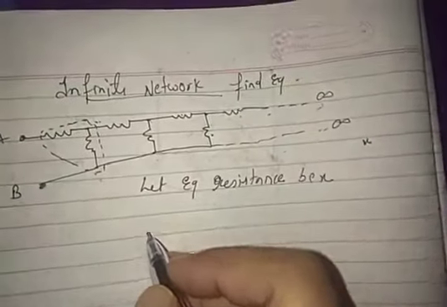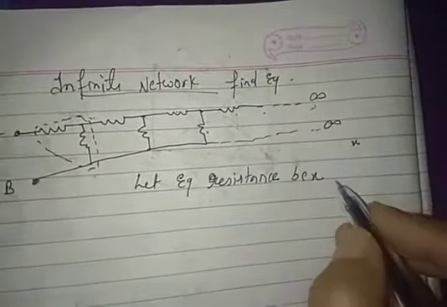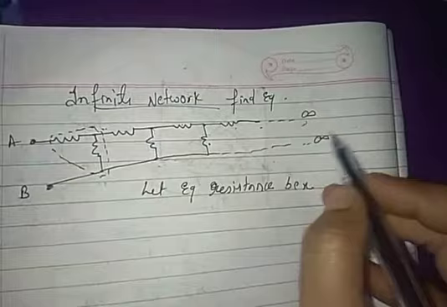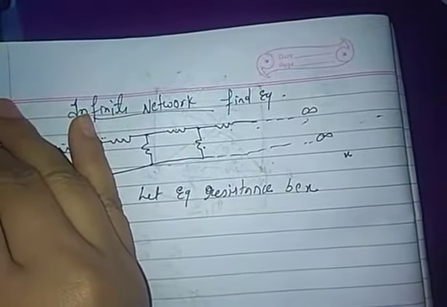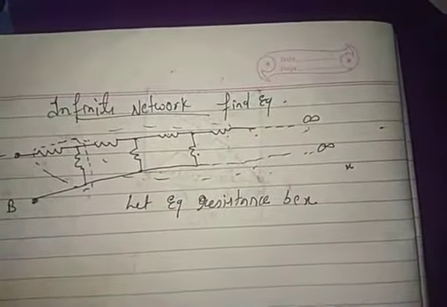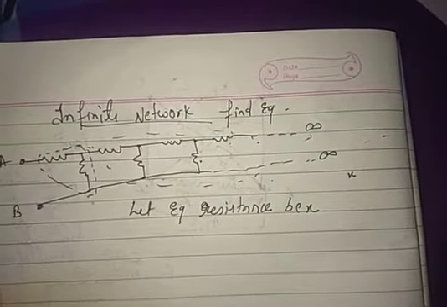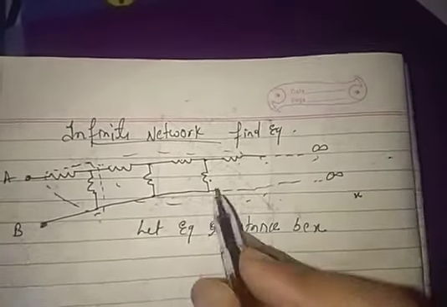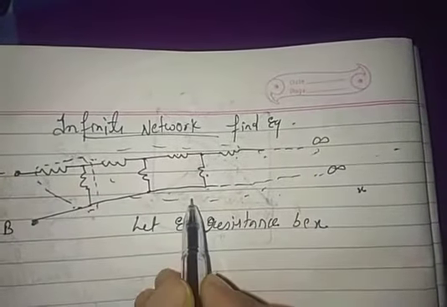If I have an infinite number of resistors and I take out this much, it will still remain X only, because they are infinite in number. By subtracting anything from infinity, it will remain infinity only.